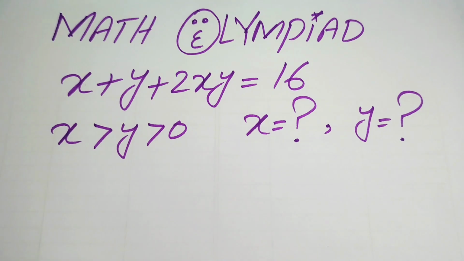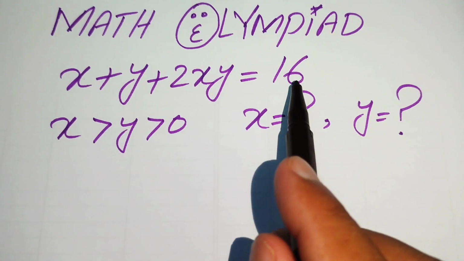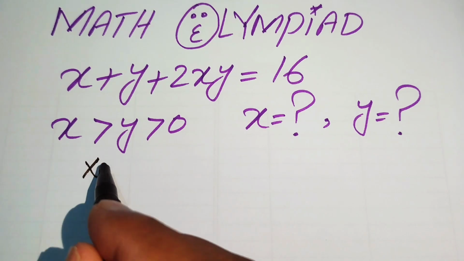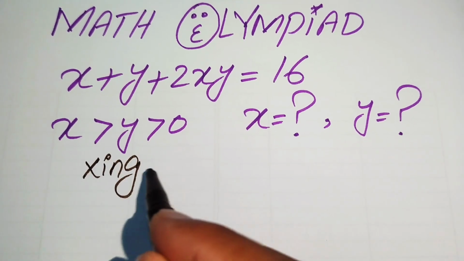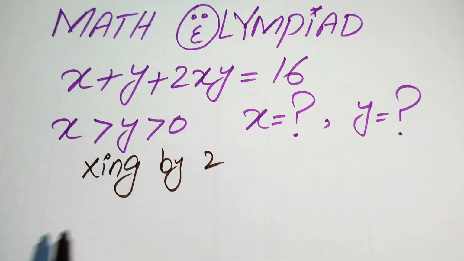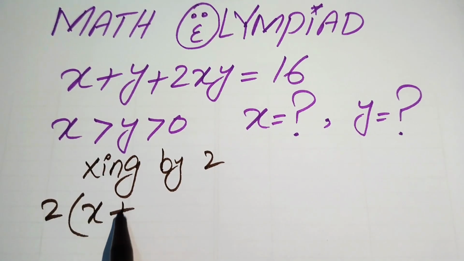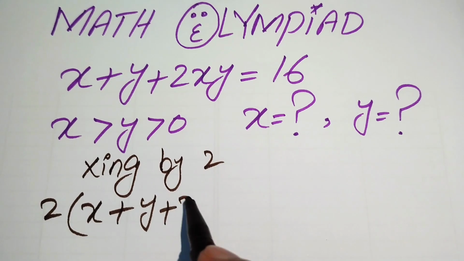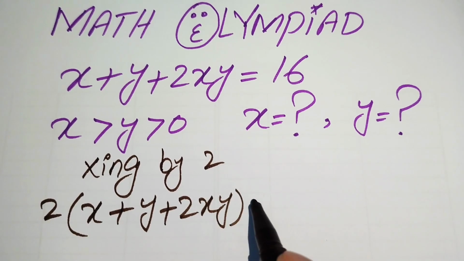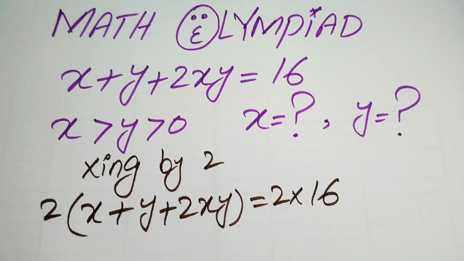We need to find the values of x and y. The very first step is to multiply this equation by 2. It is written as 2 times (x plus y plus 2xy) equals 2 multiplied by 16.